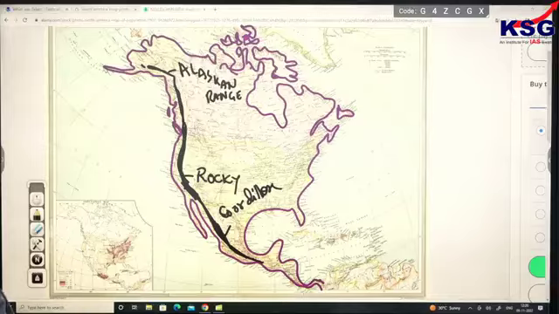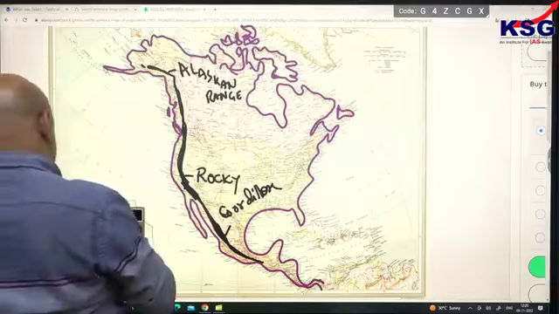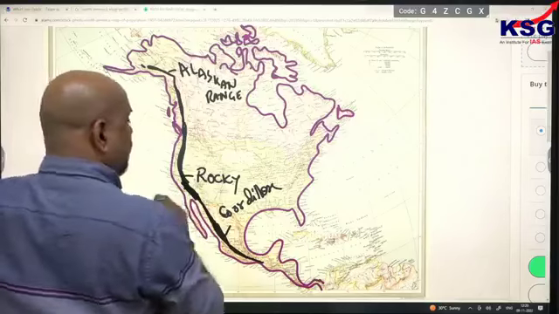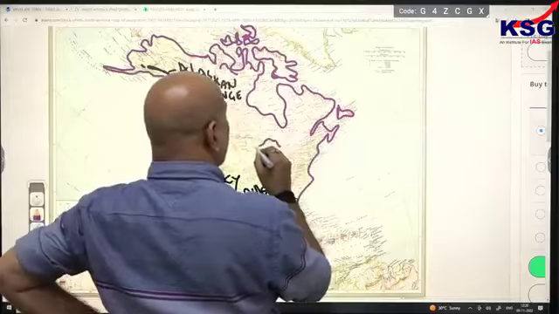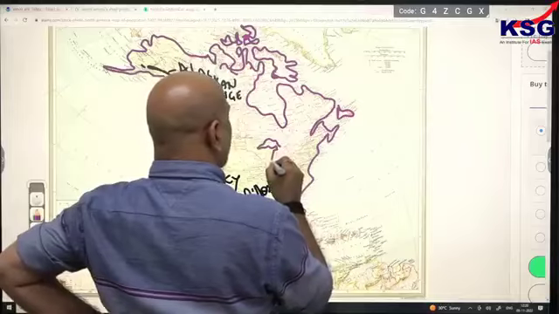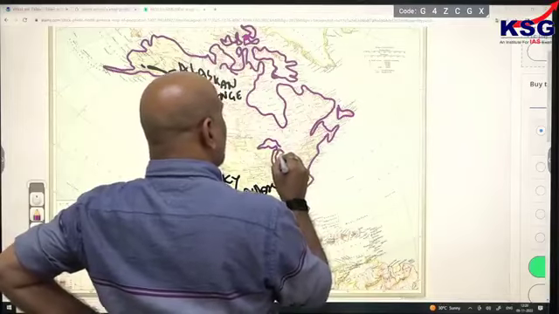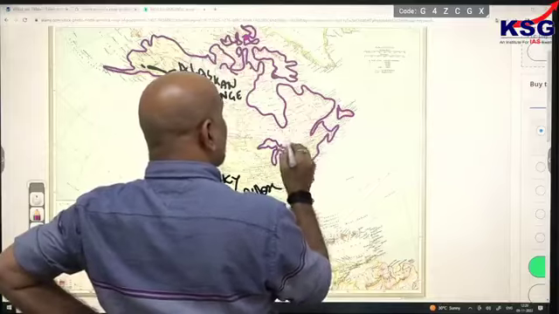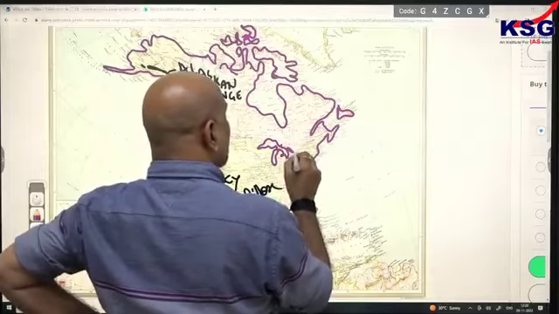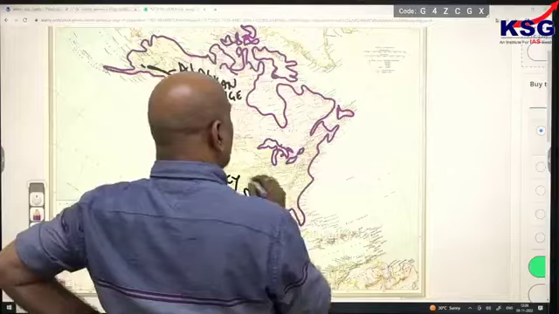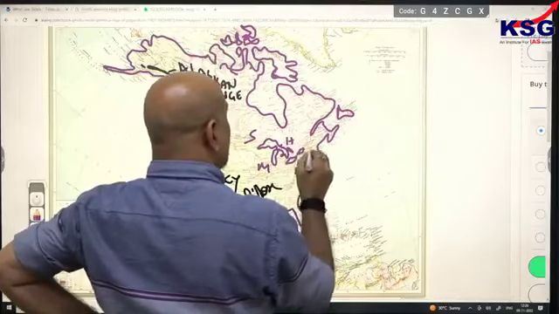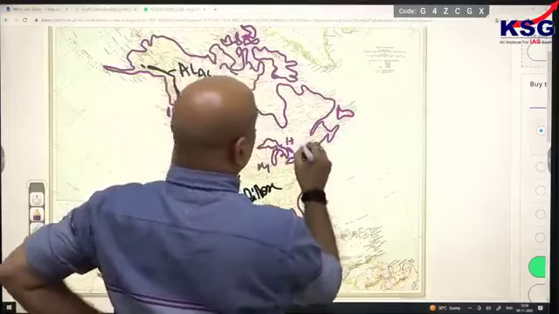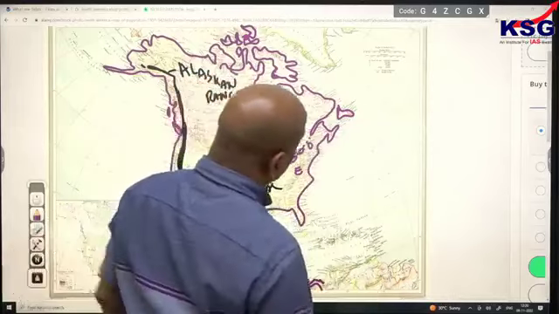Okay, and in this case we have one more area. There are some lakes. Superior, Michigan, Huron, Erie and Ontario. 5 lakes are there.